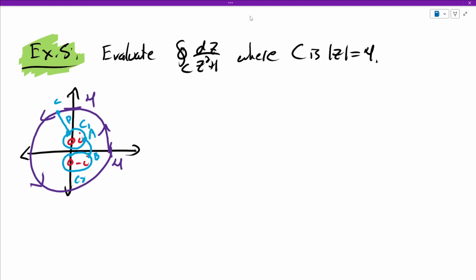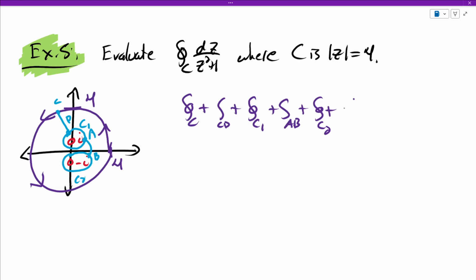So we could imagine integrating over C plus integrating from C to D plus integrating over C1 plus integrating from A to B plus integrating over C2 plus integrating from B to A, so that's the negative of integrating from A to B. Sorry, I messed this up slightly.